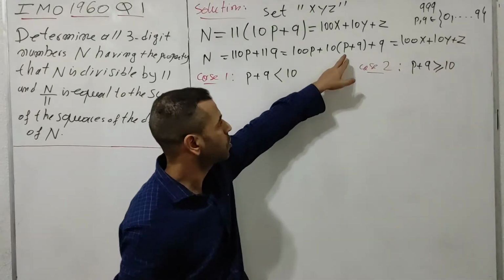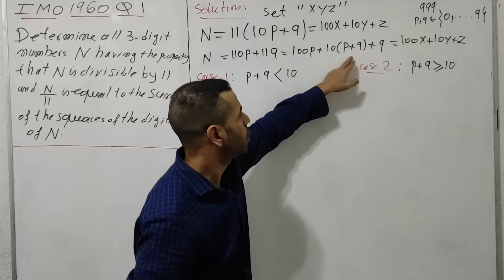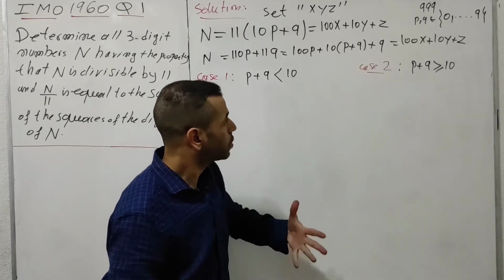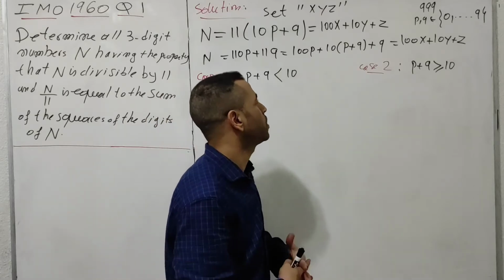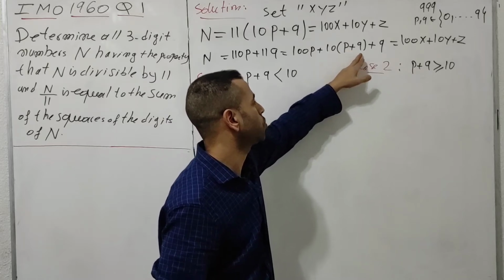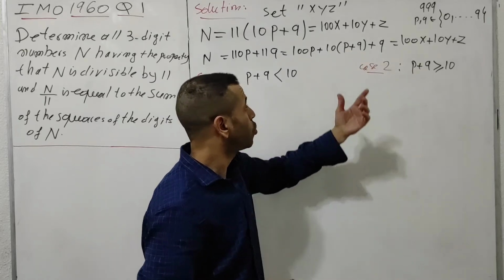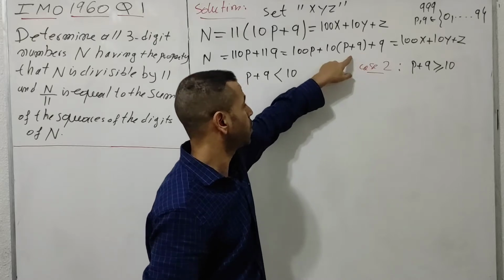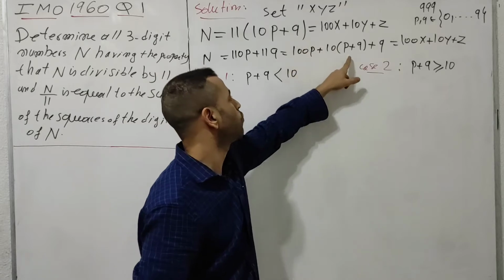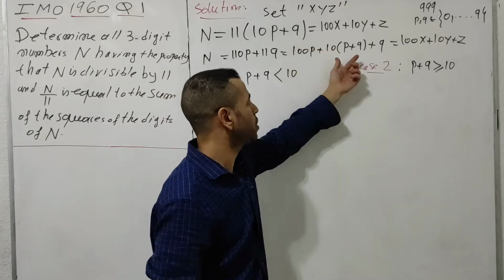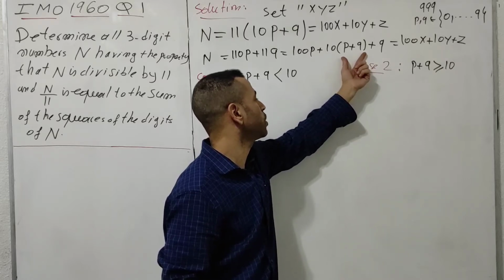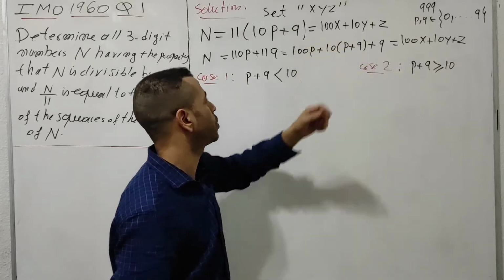Every single number here, p or q, takes a number from 0 to 9, but when you sum them together, it may exceed 10, because for example, if p equals 9 and q equals 9, it gives you 18. So if it exceeds 10, it's not going to stay here because it's considered as a tens digit. It has to move over to the hundreds digit. This one stays as long as p plus q is less than 10. If it exceeds 10, it has to move on to the hundreds digit.